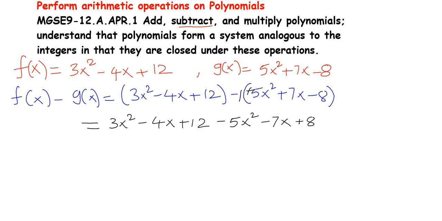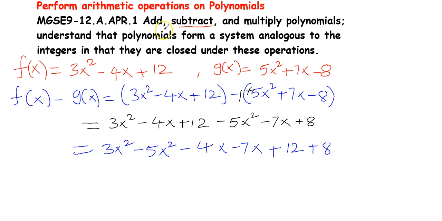Okay, now let us put the like terms together, write them down. That is 3x square minus 5x square, those two are there. Next, minus 4x minus 7x, plus 12 plus 8.